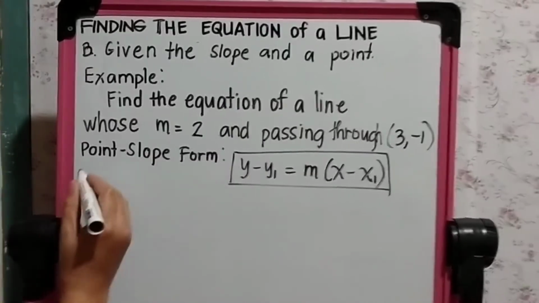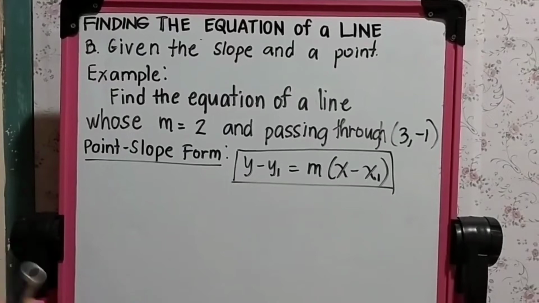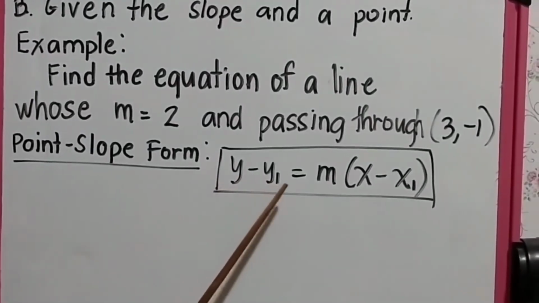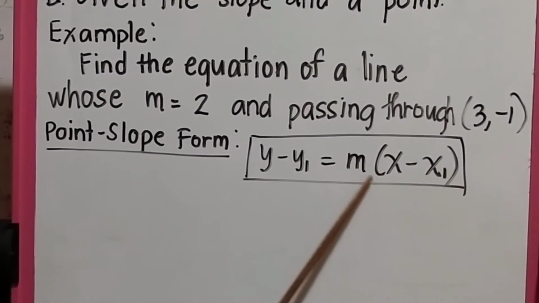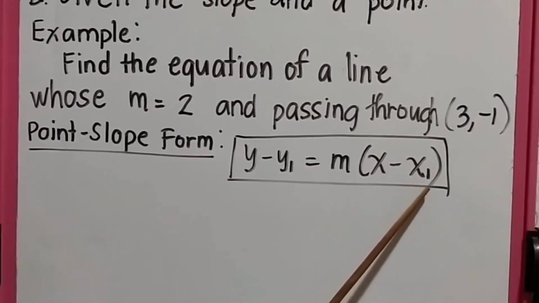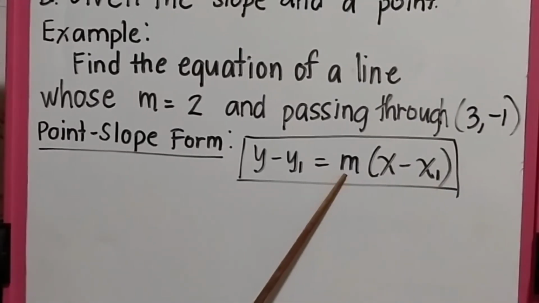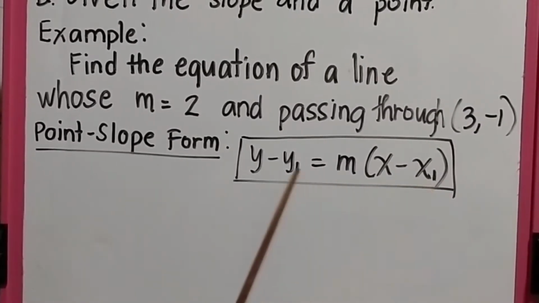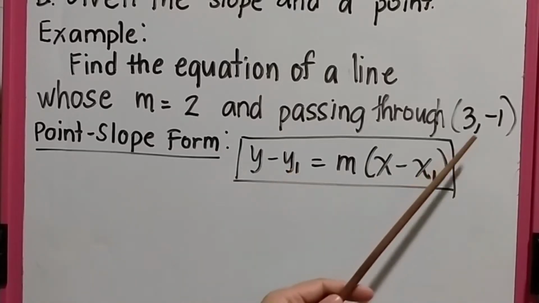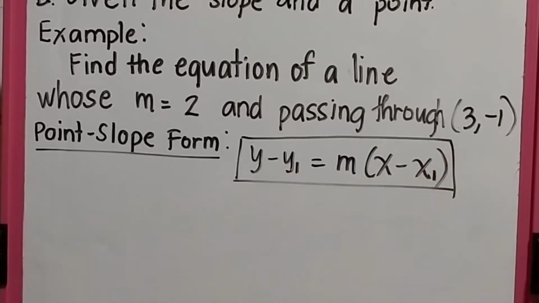Now, the point-slope form of a line is y minus y sub 1 equals m times the quantity x minus x sub 1. Wherein, m is the slope, x sub 1, y sub 1 are the coordinates of the given point. So, all we have to do is to substitute the value of m, x sub 1, and y sub 1 to this point-slope form.